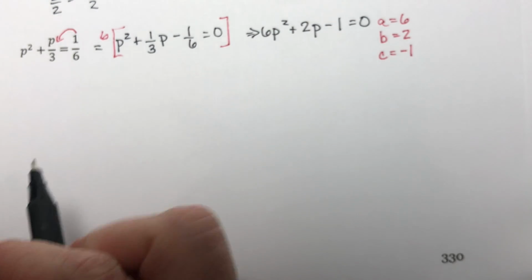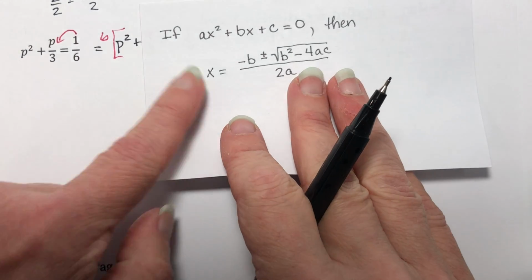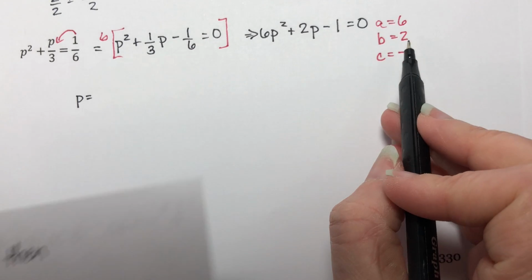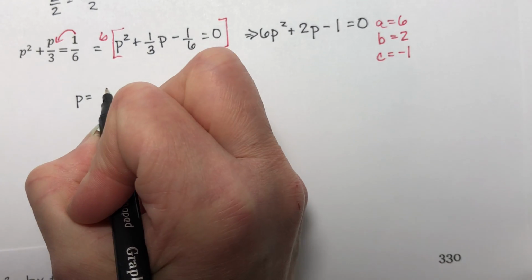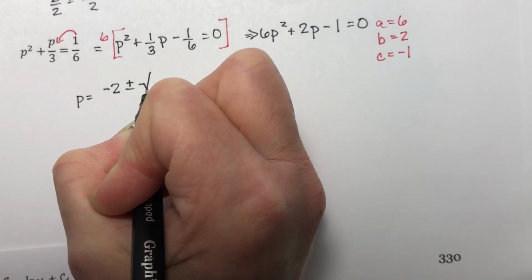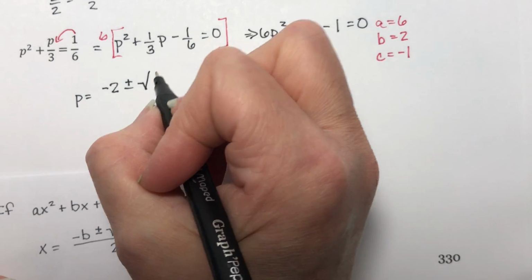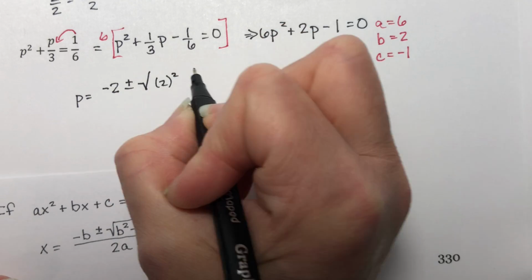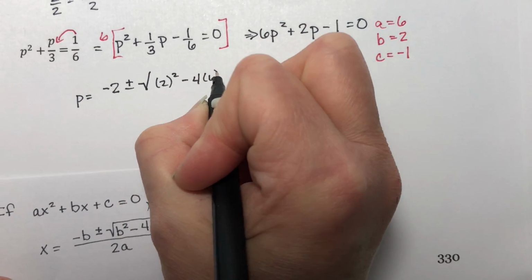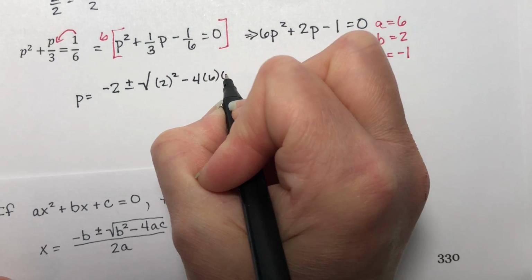Okay, so our formula x equals, our variable is p, so p equals negative b, so the opposite of 2, so negative 2, plus or minus the square root of b squared, 2 squared, minus 4 times a, which is 6, times c, which is negative 1.